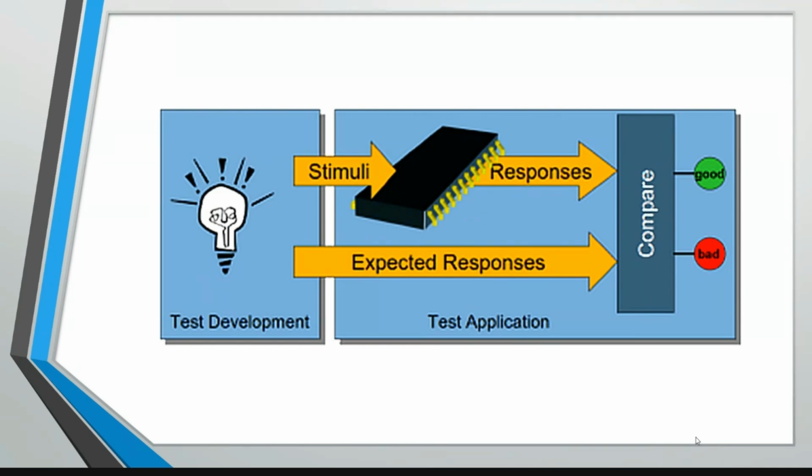DFT has a completely different purpose, where it goes inside each and every module and each and every logical gate. The inputs and outputs of logical gates can be made controllable and observable. That is the role of DFT. A verification engineer can only give input to the primary inputs of that module and check the output only. He cannot check what is happening internally. Even if internally something is wrong, you can still get the expected outcome.